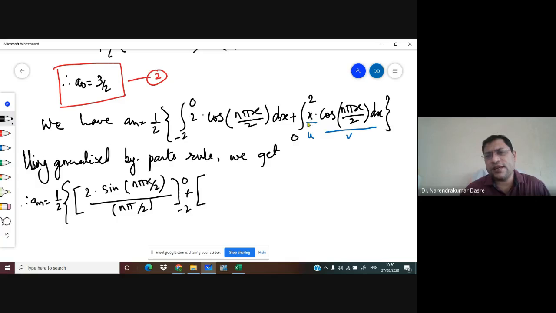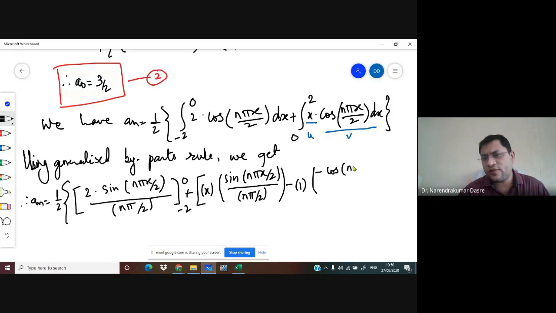Plus, for the second integral, this x remains as it is, and now the integral of cosine, so we have sine of n pi x by 2 upon n pi by 2, and then minus the derivative of this, which is going to be 1, and hence the integral of this, minus cos of n pi x by 2 upon n pi by 2 bracket square, and the limit is 0 to 2.